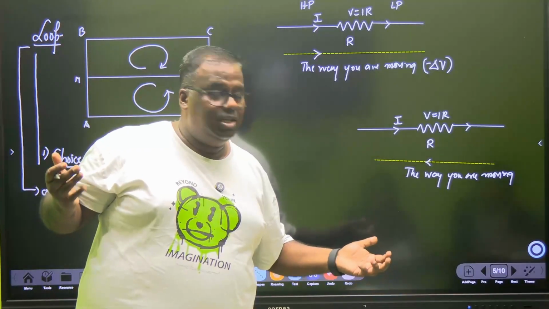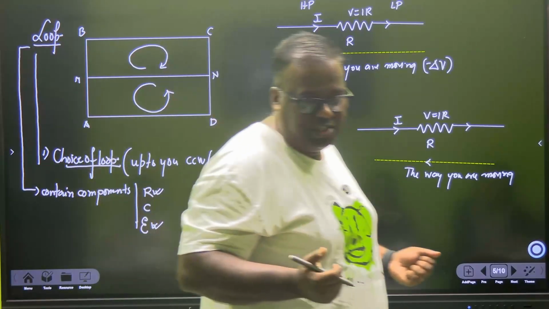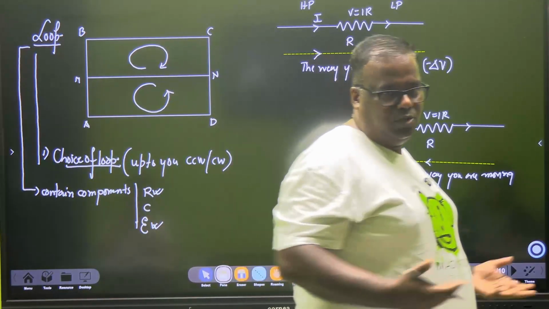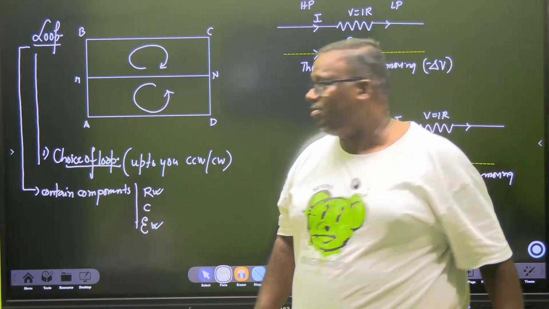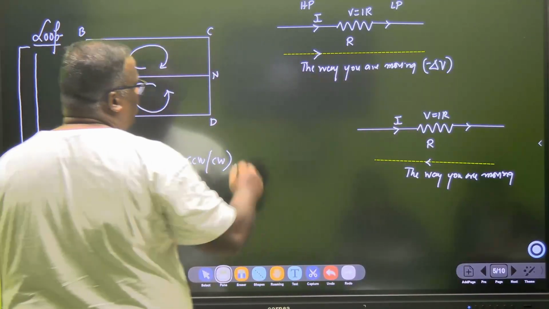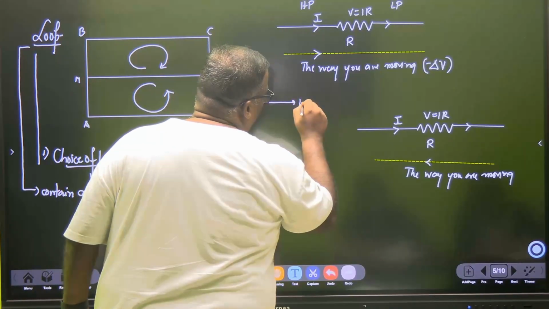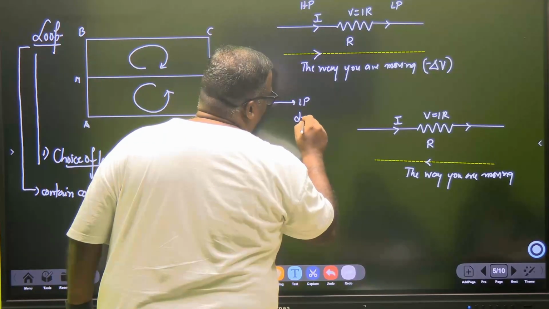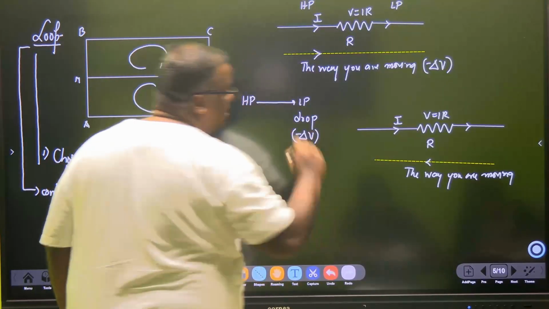So what will I write? 5 plus minus 0.75. I exit with how much? 4.25. Is this understood? So when you see a loop, you always remember higher potential to lower potential, there is always a drop and therefore the delta V will be taken as negative.